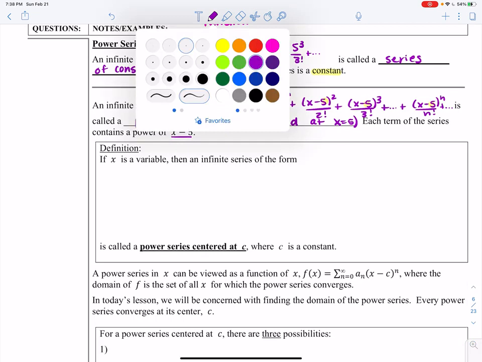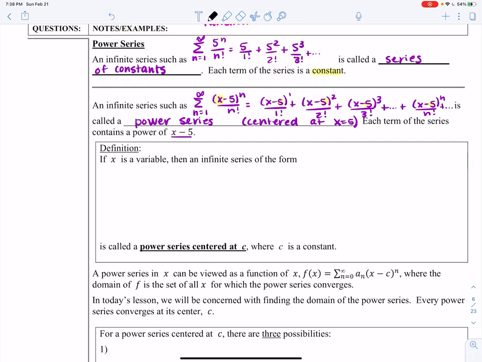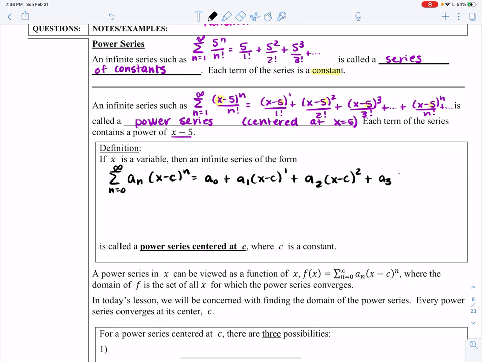So let's say, for example, that x is a variable and that any infinite series that follows the form index of 0 to infinity, some number, x minus c to the n, which would result in a first term, a1 times x minus c to the first power, a2 times x minus c to the second power, a3 times x minus c to the third power, plus dot dot dot, a sub n, x minus c to the n, plus dot dot dot.